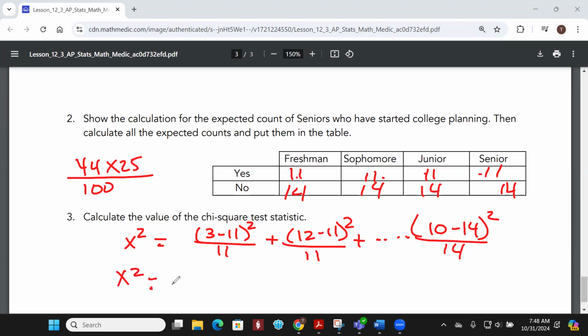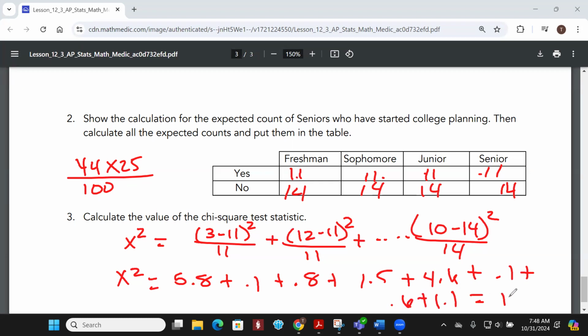You have to show what these simplify to. So that's going to be 5.8 plus 0.1 plus 0.8 plus 1.5 plus 4.6 plus 0.1 plus 0.6 plus 1.1 equals 14.6. What's our biggest influencer?